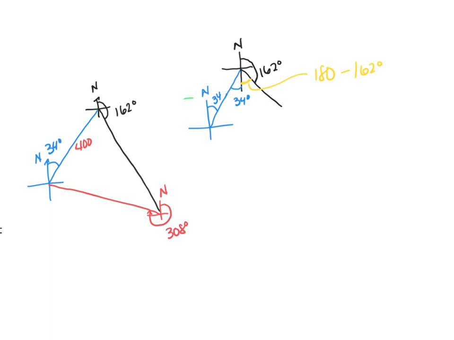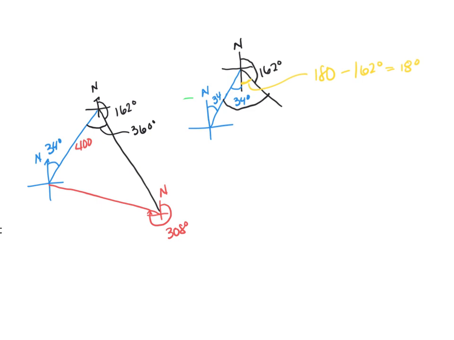I'll get my calculator out. 180 minus 162 is 18 degrees. So that little angle is 18 degrees. That means these two angles combined, which is this angle right here, is the 34 plus the 18. So that angle is 52 degrees, okay? And I found that because the angles are running parallel.